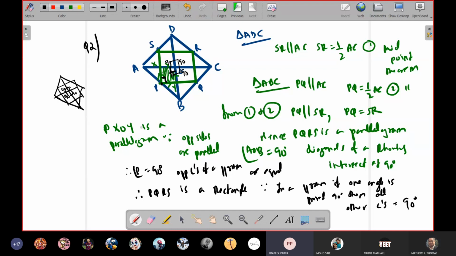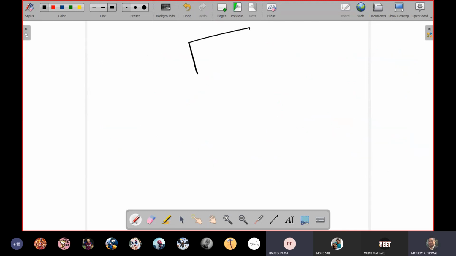Sir, after we have proved P is equal to 90, we can say that S is also equal to 90, R is also equal to 90, and Q is also equal to 90. Yes. Why? Because we know the property of a parallelogram. Opposite angles are equal, and these angles are co-interior angles. Co-interior angles will add up to 180. So if this is 90, this will be 90. If this is 90, then this will also be 90.